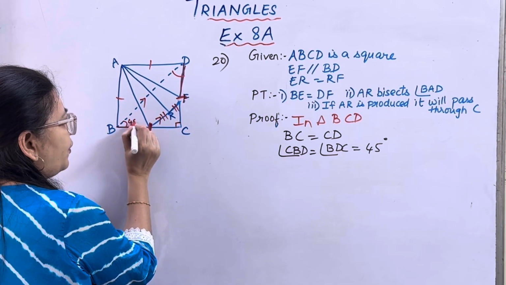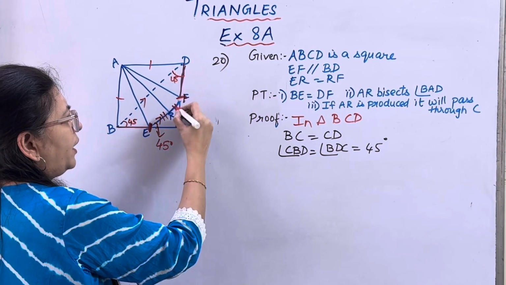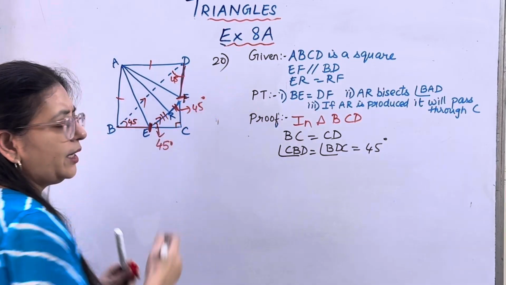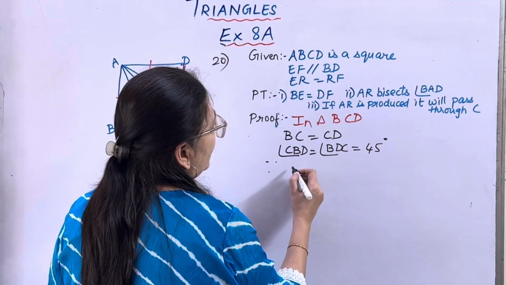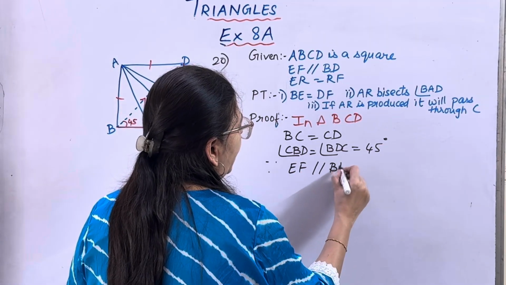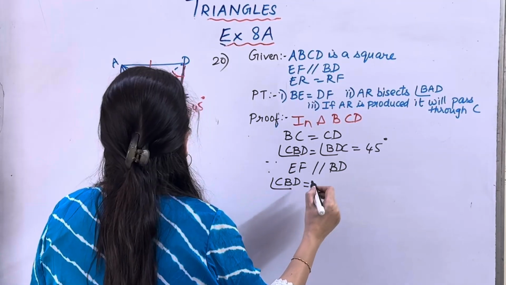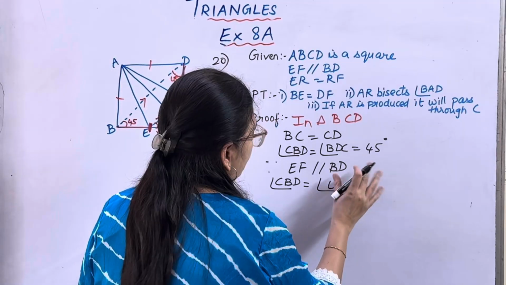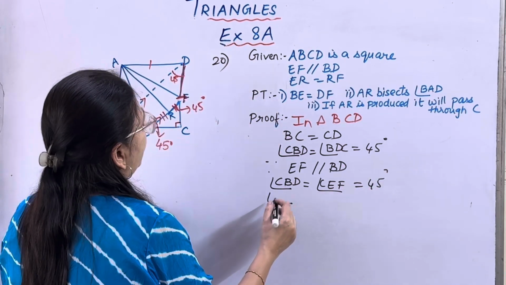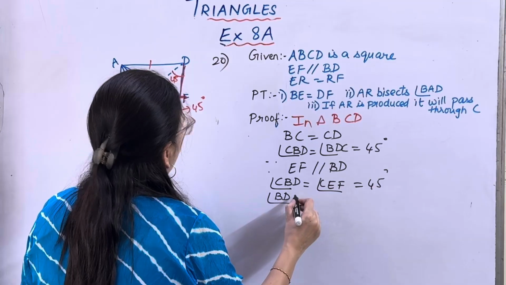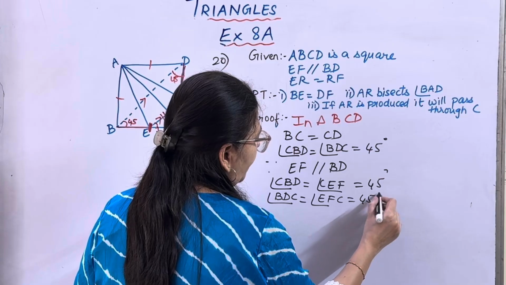So, if this is 45 degree, even this angle would be 45 degree. What is the reason? Corresponding angles. Since EF is parallel to BD, angle CBD will be equal to angle CEF, which is 45 degree, and angle BDC will be equal to angle EFC, which is again 45 degree.